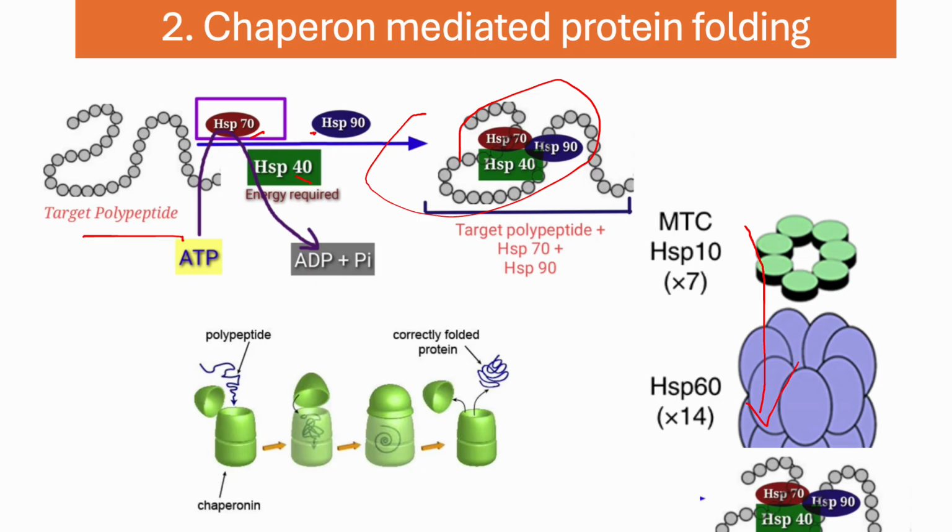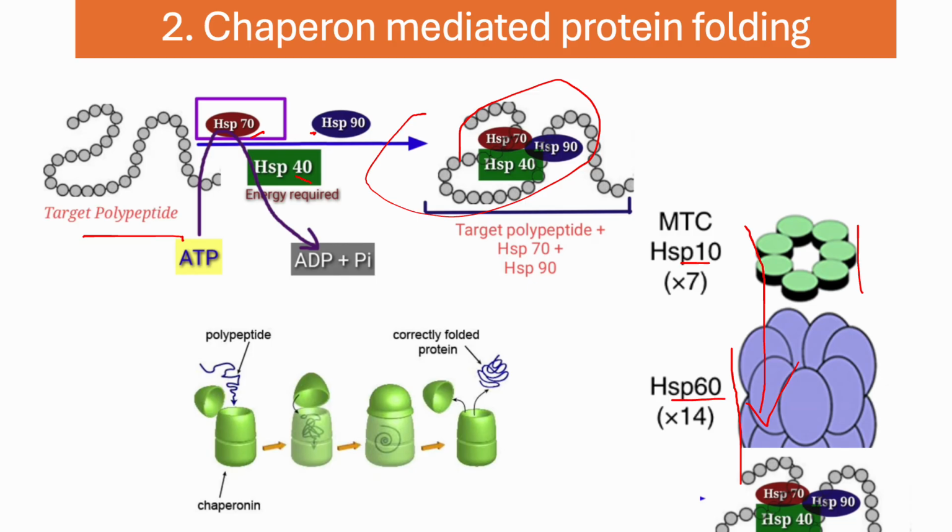As I told earlier, HSP60 looks like a barrel-like structure, and HSP10 looks like a lid-like structure, and they are polymeric. They are in multimeric condition, in both HSP10 and HSP60.